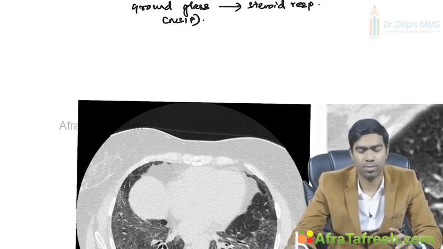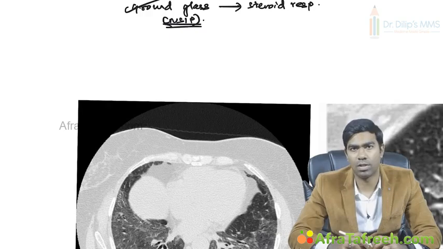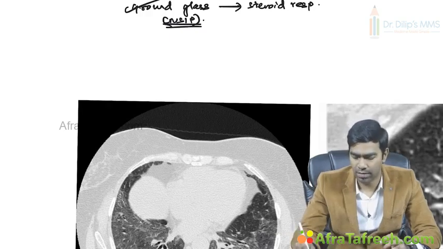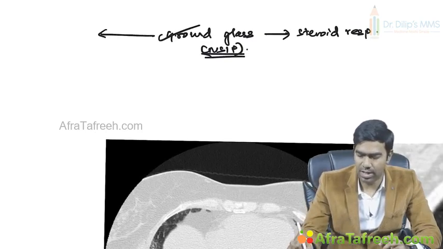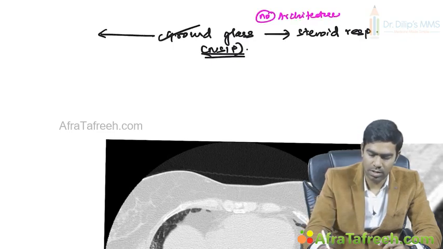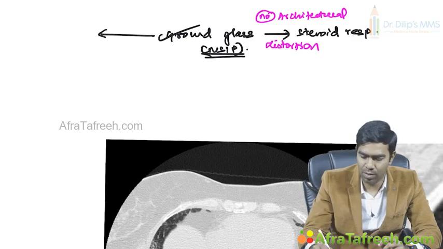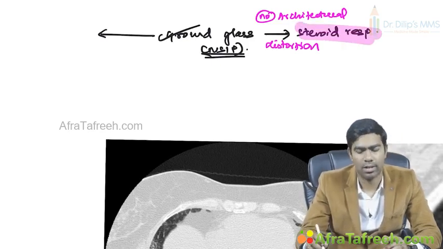Many subsequent trials have proved all ground glassing is not steroid responsive and all NSIPs are not steroid responsive, which means whenever you encounter a ground glass, you have to see whether there is any architectural distortion or not. Suppose there is no architectural distortion, that kind of ground glass will be steroid responsive. Definitely. No need to worry about that.